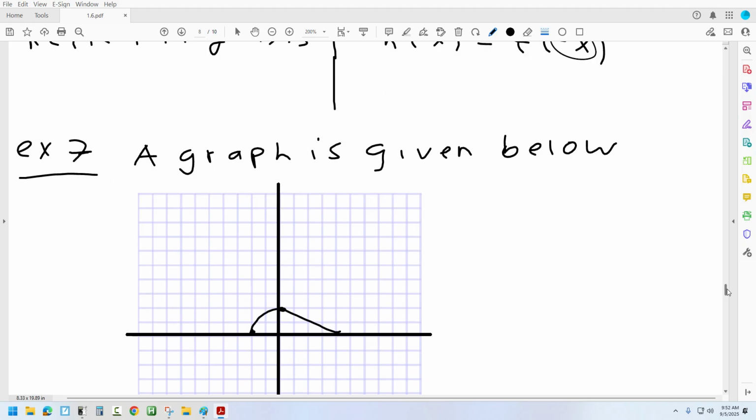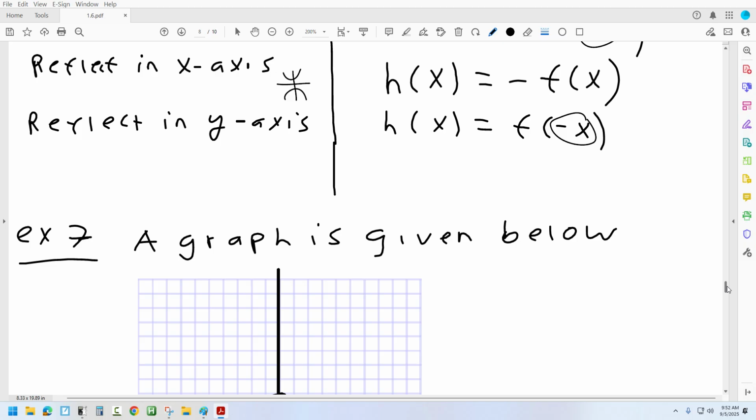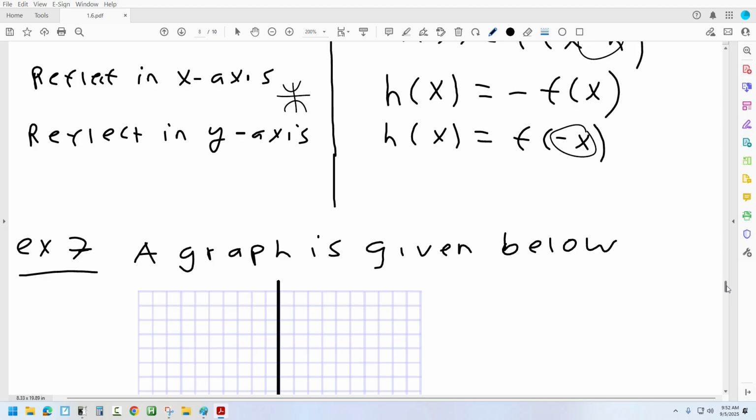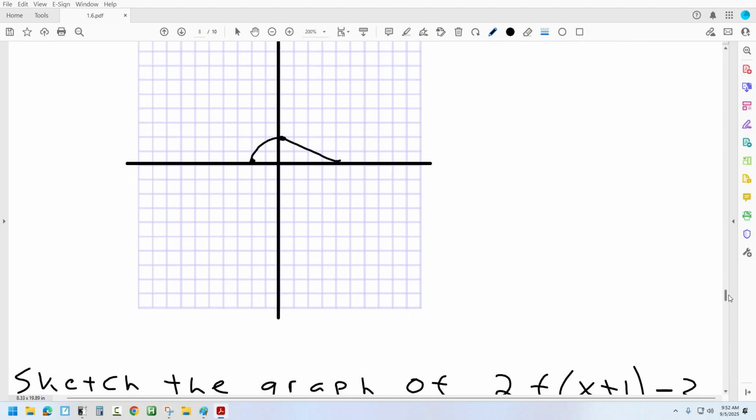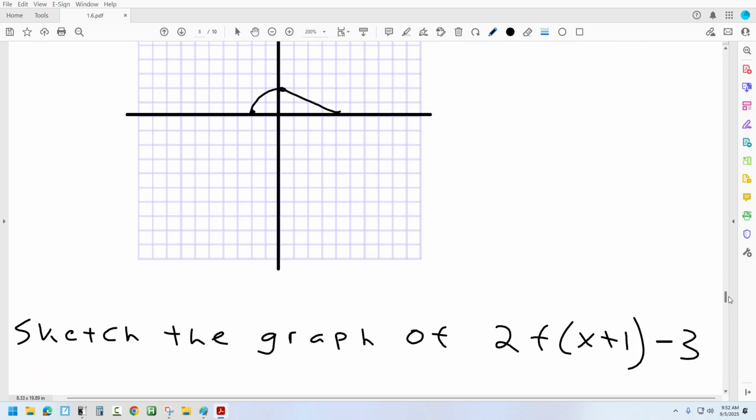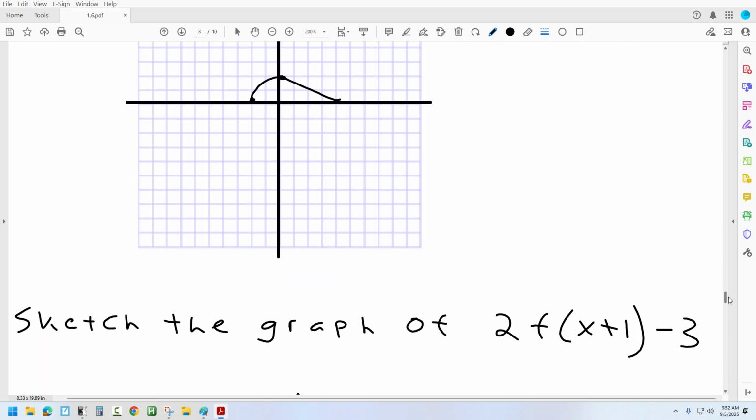All right, so now let's take that graph and we're going to transform it, but I'm not going to give you a formula. I'm just going to give you an image, and I want you to transform the image. So there's no formula for it. I'm going to do 2 transformations to that picture.